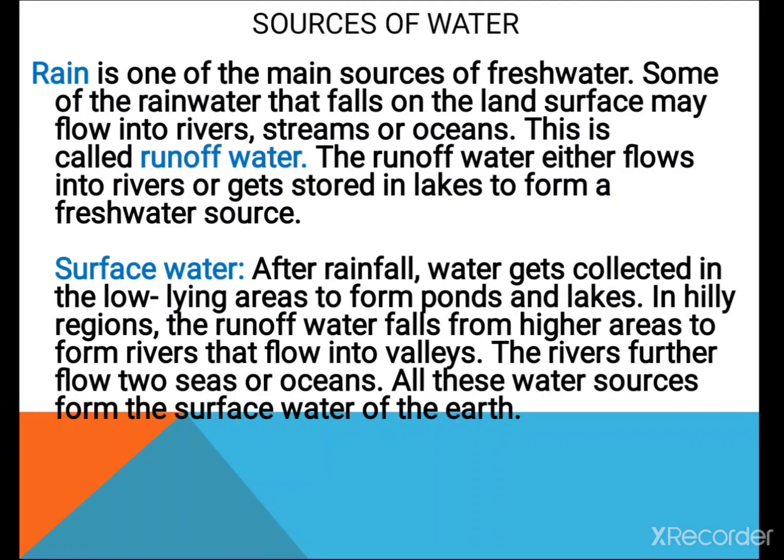Surface water. After rainfall, water gets collected in the low-lying areas to form ponds and lakes. In hilly regions, the runoff water falls from higher areas to form rivers that flow into valleys.